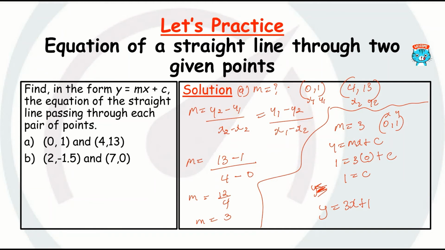Now suppose we had used the coordinates 4, 13. Let's see what would have happened. We will get the same equation of the line, because both points are on the line.